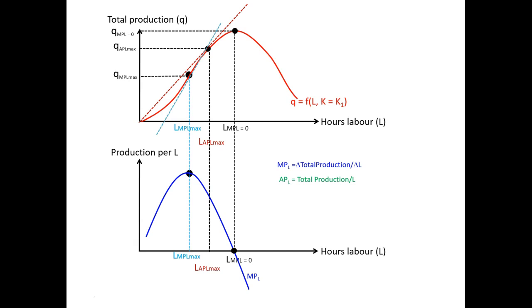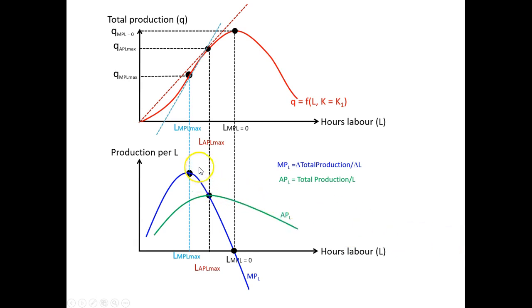In this case, we know that the average product has its maximum somewhere along this line. We also know that it has to be equal to the marginal product, which we saw up here. So therefore, it indicates that the average product will be intersected by the marginal product curve at its maximum point there.